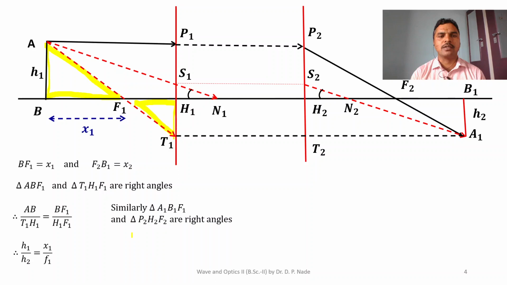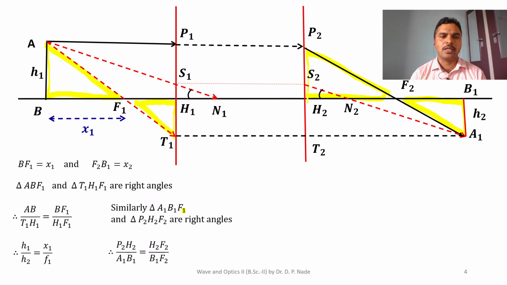Similarly we can consider these two triangles, that is A1B1F2. Sorry, here you should consider F2, as I wrote one by mistake. And triangle P2H2F2. So both are triangles. Similarly, we can use the same notation and write down the equation, that is H1 by H2 is equal to F2 by X2.